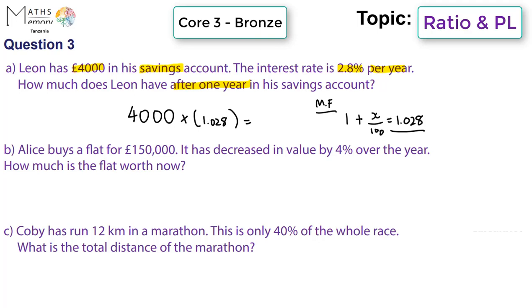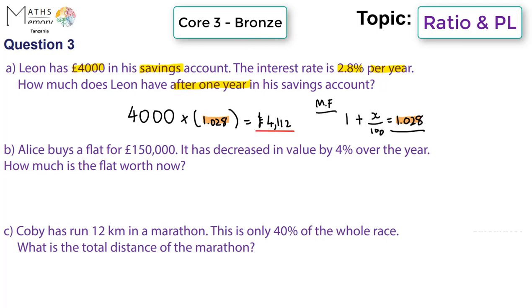If you do then 4,000 times 1.028, you're going to get an answer of £4,112. Okay, so this is a clear example of an increasing multiplying factor, and we can just highlight that as a multiplying factor over here, 1.028, and that's how we get that. Okay, quite simple.